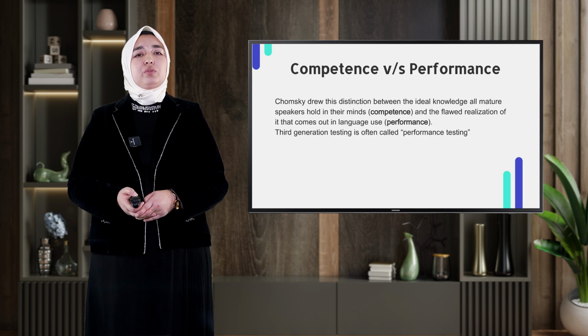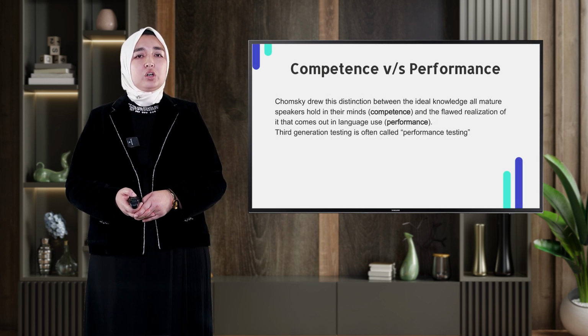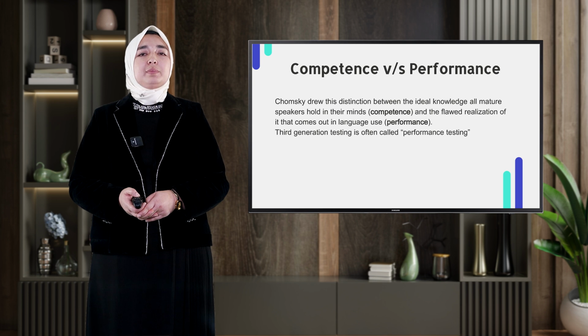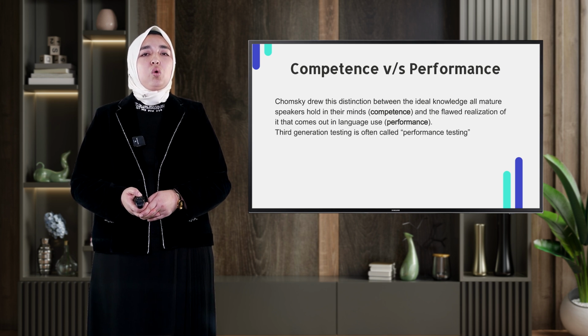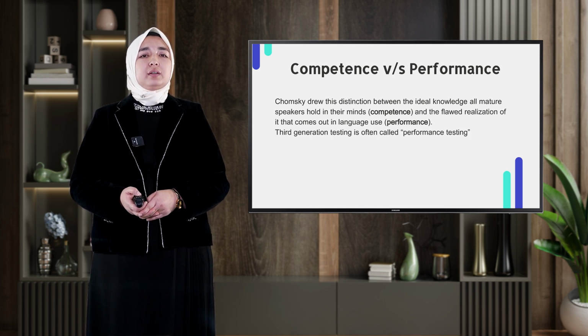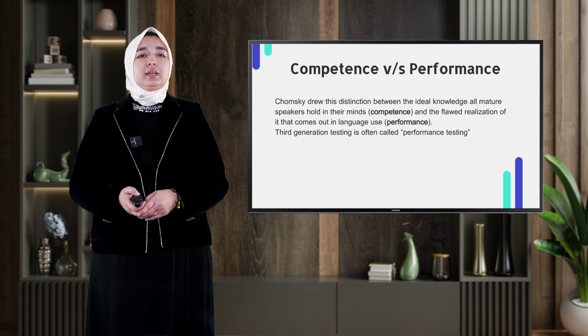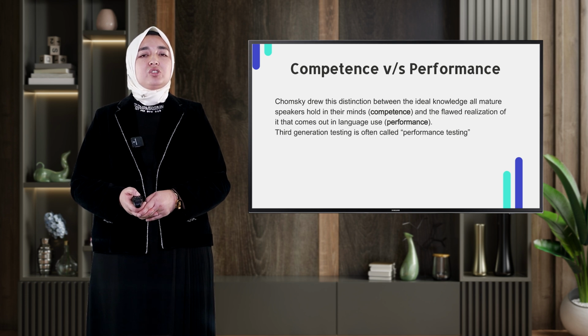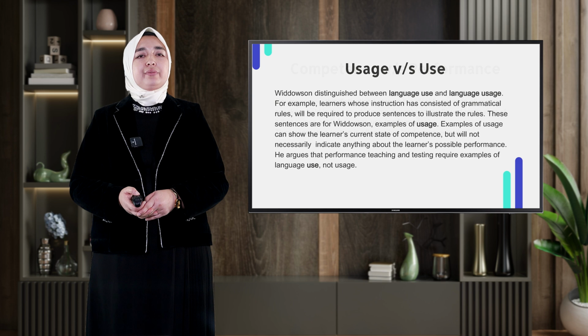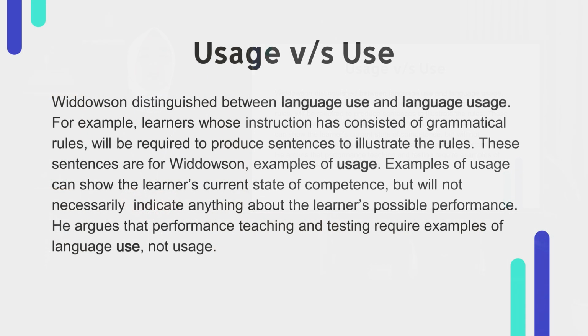Competence versus performance. Chomsky drew his distinction between the ideal knowledge all mature speakers hold in their mind, competence, and the fluid realization of it that comes out in language use, performance. Third-generation testing is called performance testing. Usage versus use: Widdowson distinguished between language use and language usage.